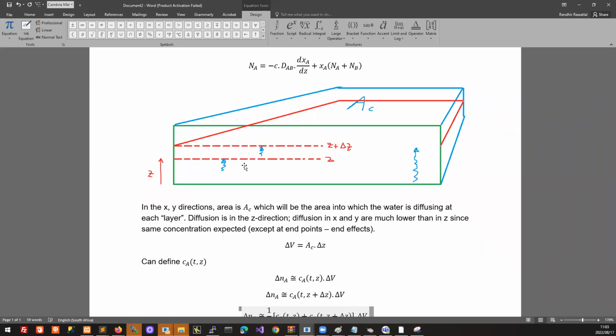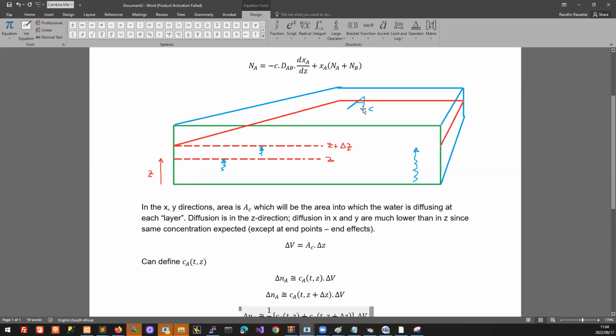Whenever you are trying to approximate the molar rate in a particular direction, always remember, you take the diffusion rate in that direction, and the diffusion is into the area that's normal to that. So in the Z direction, the area that's normal to that is AC, right? X and Y are normal to Z. They are orthogonal, or they are at right angles to Z.